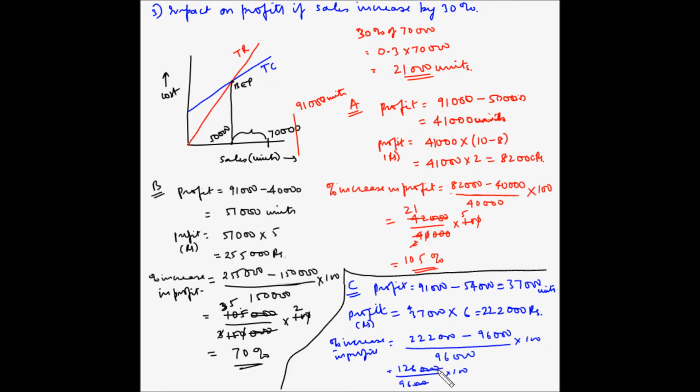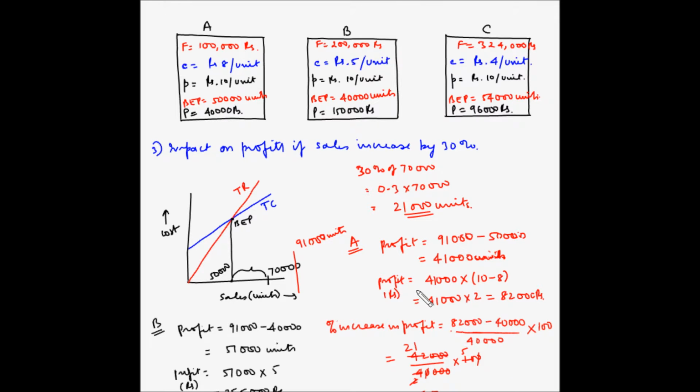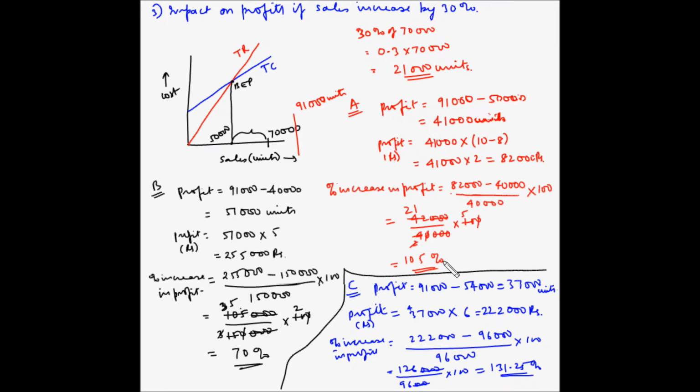So these 3 zeros get cancelled. So upon calculating, this comes out to be 131.25%. So basically, if the sales increases by 30%, for A the profits will increase by 105%, for B the profits will increase by 70%, and for C the profits will increase by 131.25%. Now the next question is, what if the sales decrease by 30%?